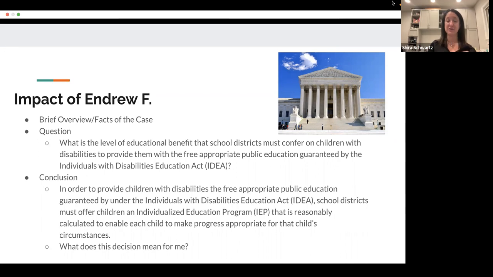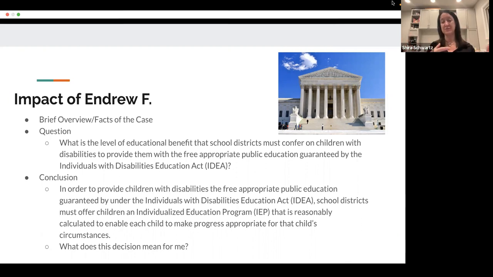So fortunately and unfortunately, this is so gray, because you can argue either side of that. Did they make what is reasonable progress, and what is appropriate for that child and their circumstance? So it enabled parents to be able to say, we want something different, and you cannot move my child from grade to grade.